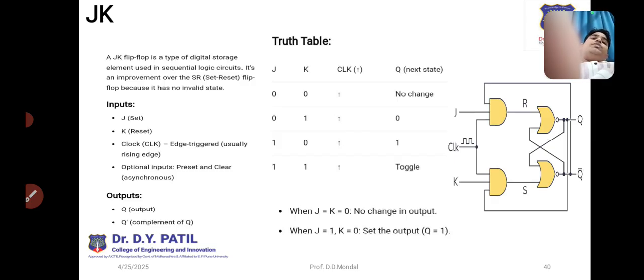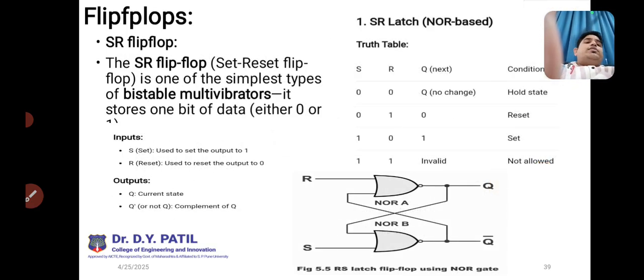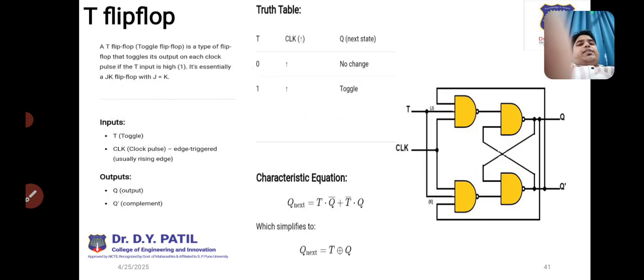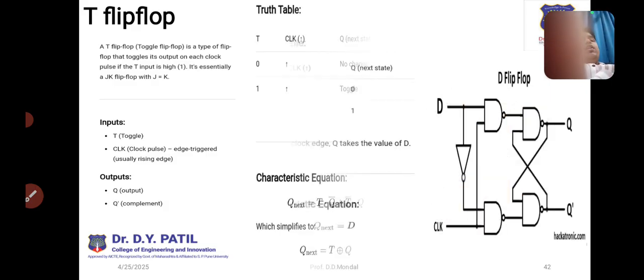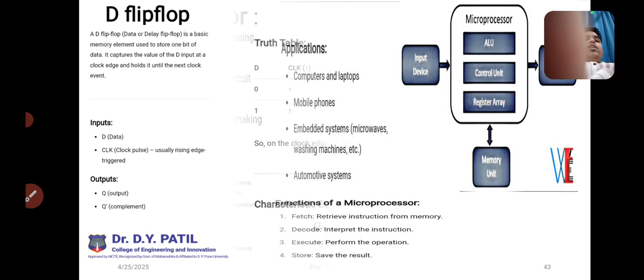What is the difference between the flip-flops? For the JK flip-flop, a 1 1 value gives toggle, and for the SR flip-flop, a 1 1 value is an invalid condition. The T flip-flop is the toggle case. When we give 1, at the output side it toggles. And the D flip-flop is used for the on and off condition, when 0 1 or 1 0, it is going to set.